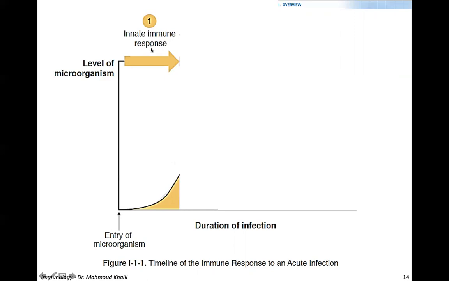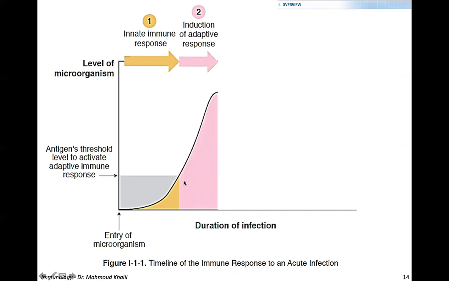This will trigger the innate immune response, but the innate immune response will reach its maximum if the antigen threshold level reaches a level that cannot be defended by the innate immune response. Once the microorganism reaches this level, it will trigger the activation of the adaptive immune response. You can see that the adaptive immune response starts to kick off and increase based on the level of the microorganism.